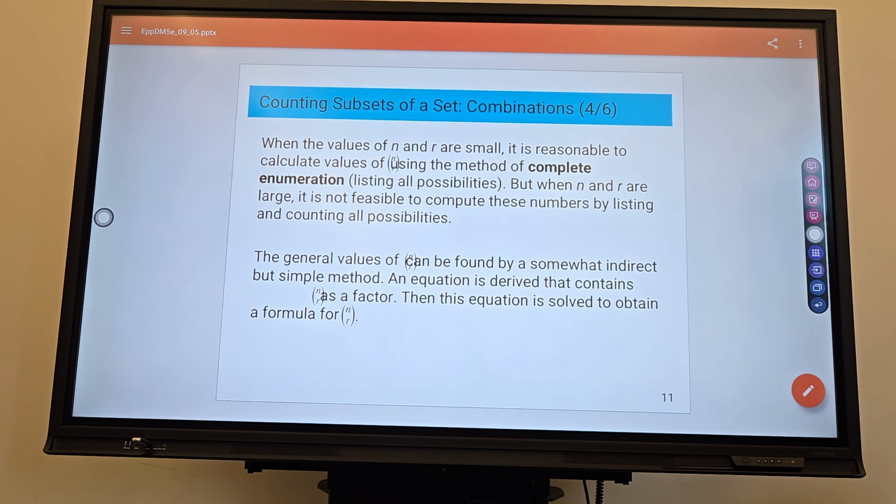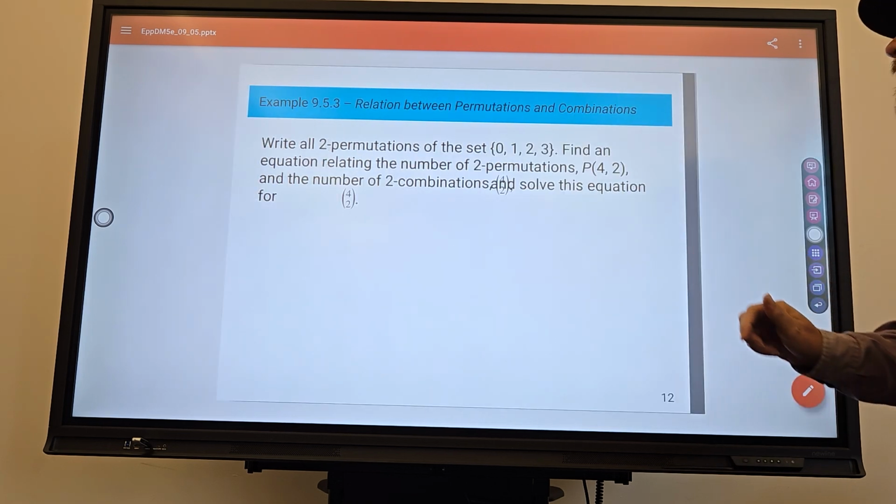An equation is derived that contains n choose r as a factor. When this equation is solved, we obtain a formula for n choose r.